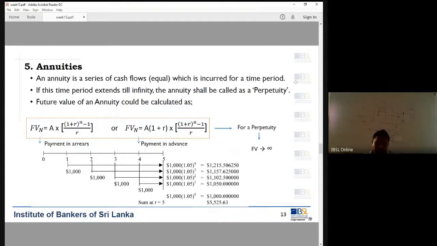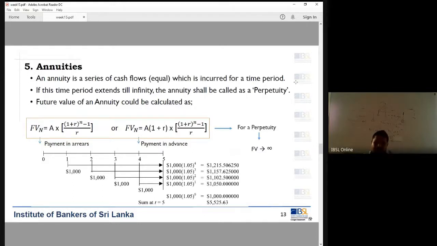In our previous example, we discussed equal amounts of cash flows, 120 periods for a 10-year period. But if you see a cash flow which does not have an end, we can reword the term annuity into the term perpetuity, right?